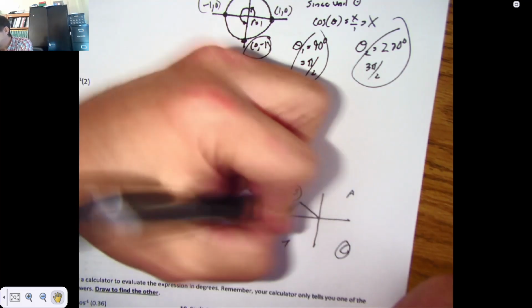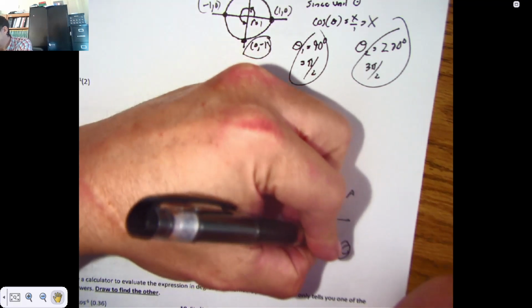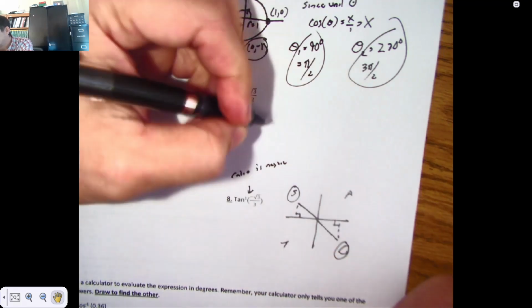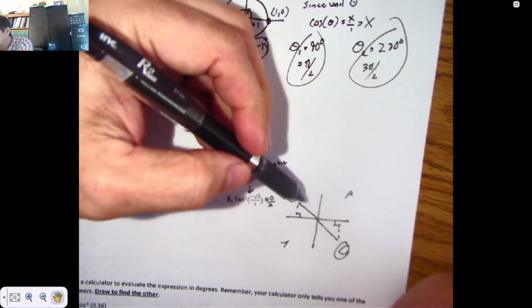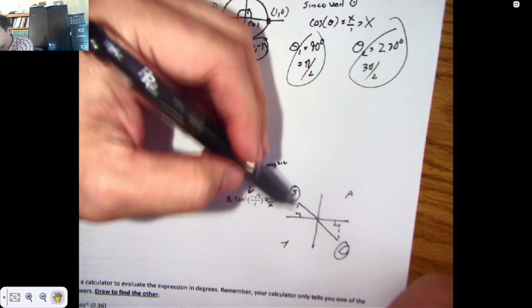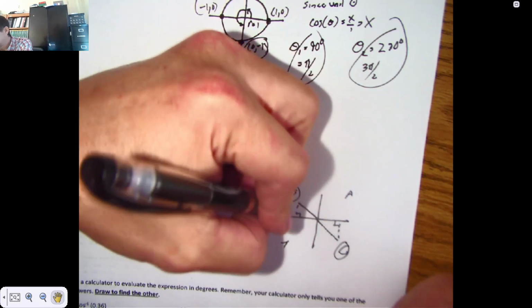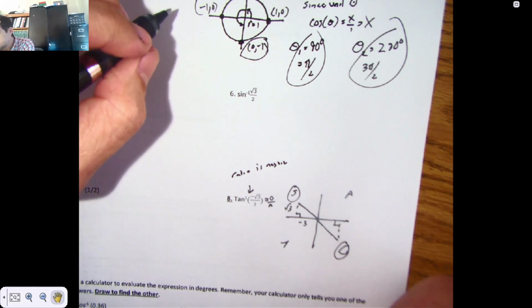So I'm going to draw a triangle in quadrant 2 and in quadrant 4. And I know that tangent is opposite over adjacent. So opposite of this thing is not a negative root 3 here because of direction, it's a positive root 3. And adjacent is the negative root 3, is the negative 3.